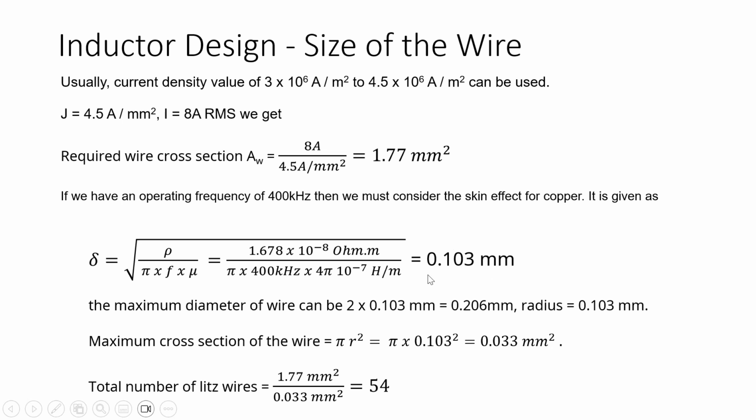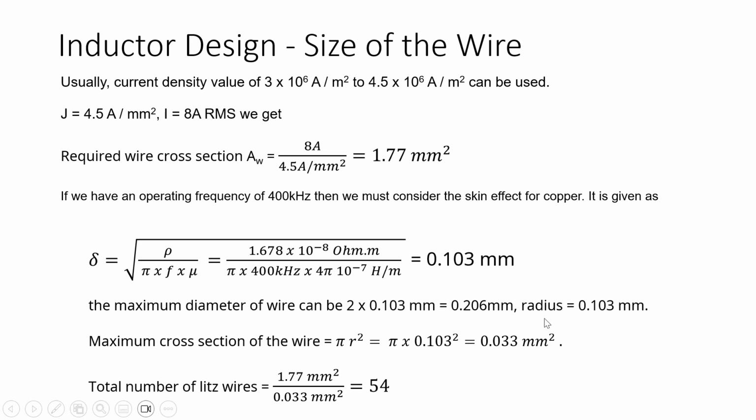So we now can have a radius of the wire equal to this value, or the diameter equal to twice this value. Now we have to use many wires of this radius to get this area.